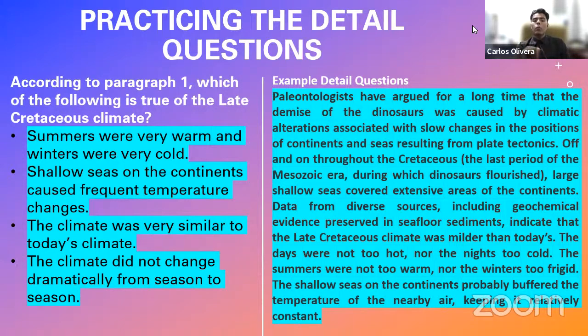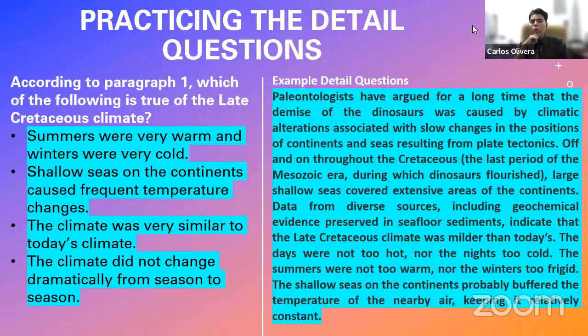So what are the possible answers? The answers could be: summers were very warm and winters very cold; shallow seas on the continents caused frequent temperature changes; the climate was very similar to today's climate; or the climate did not change dramatically from season to season.